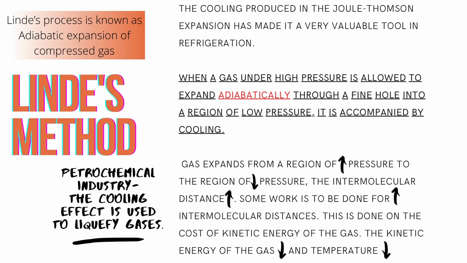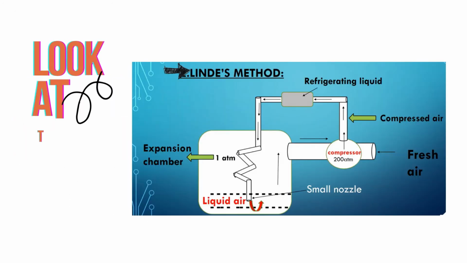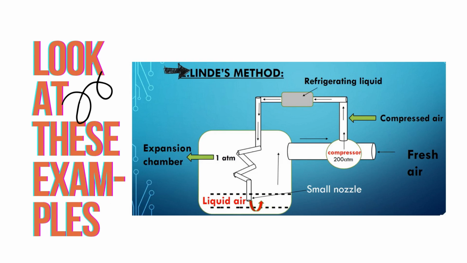Thus, the kinetic energy of the gas decreases and therefore the temperature falls. In the Linde method, cooling is produced by free expansion of the compressed gas into a low pressure region through a small nozzle repeatedly. Ultimately the gas gets liquefied.